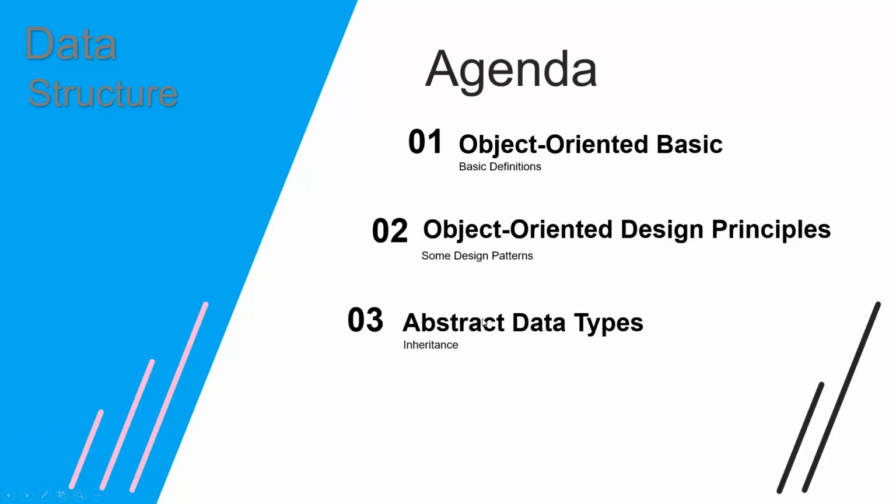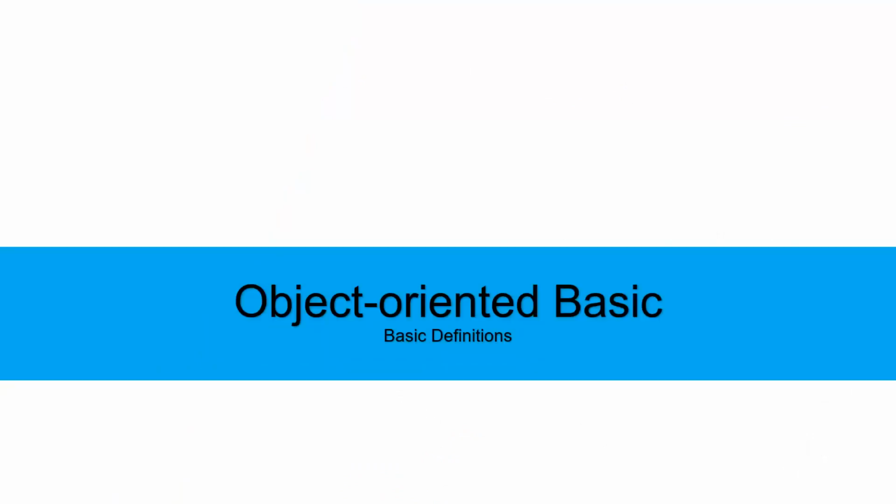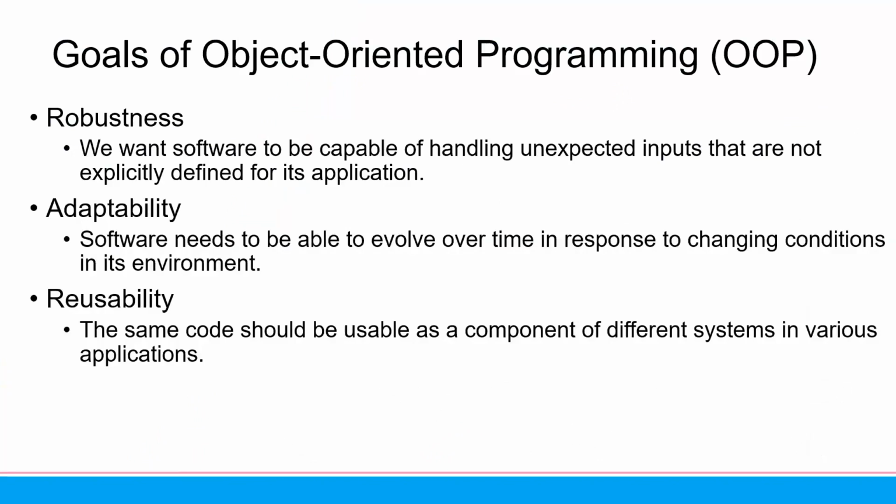The object oriented section will discuss the basic object oriented concepts, then the object oriented design principles, and what is the abstract data type. The goal of object oriented programming, or OOP, is robustness. We want software to be capable of handling unexpected inputs that are not explicitly defined for each application.